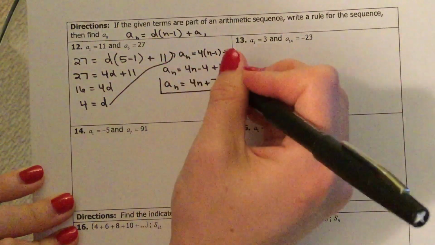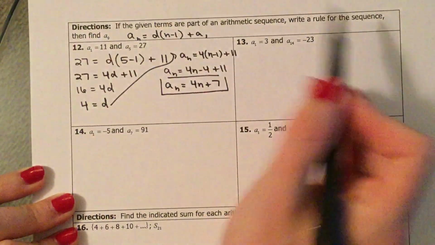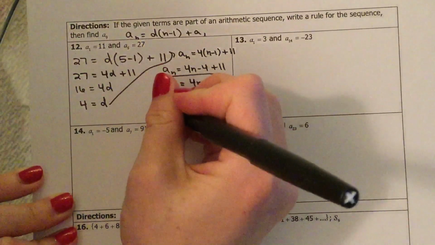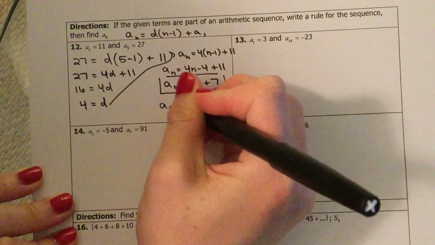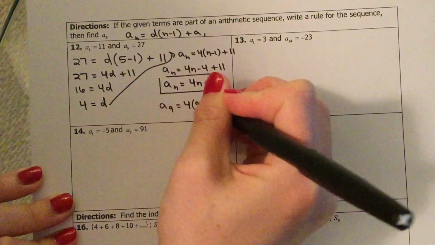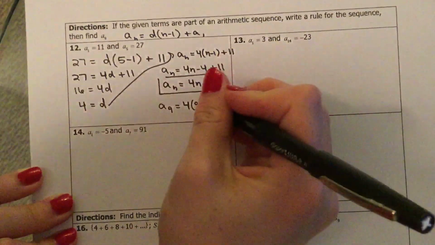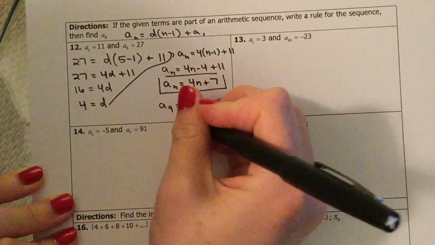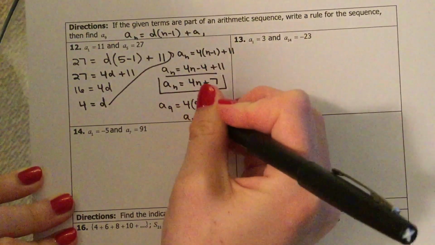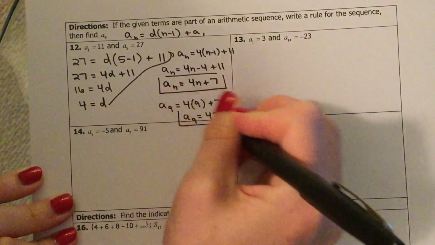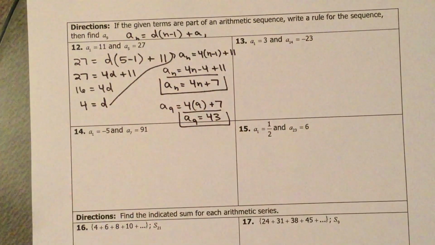So this is the rule. We need that part first. And then it says use the rule to find a9. So for a9, we would just replace the n with a 9. So this is 36 plus, I wrote a minus here. 36 plus 7 would give us 43. Okay, and the rest of those are very similar.